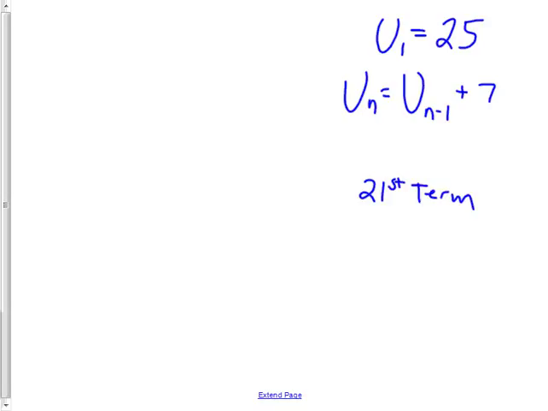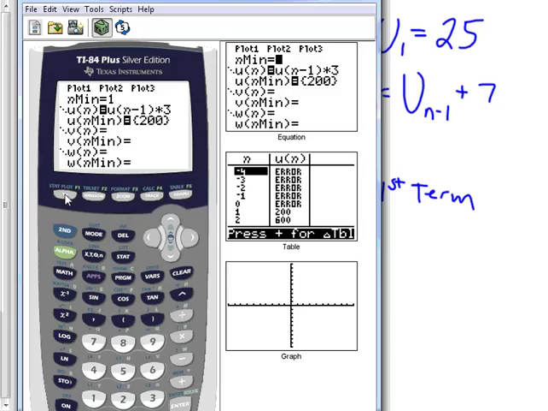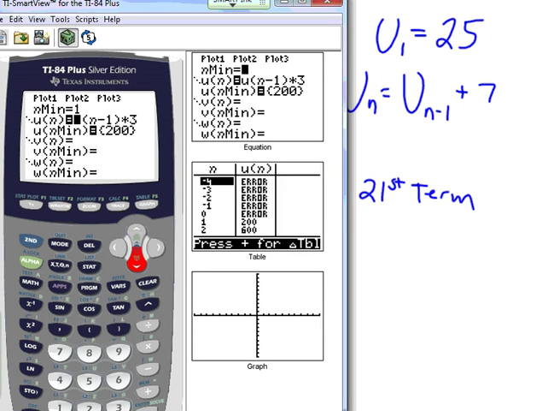You know how to put that into the calculator. Remember, that first number, that's not where you put the 25. The first number on your calculator that you put in under the y equals is a 1. It's already there. 21st term.